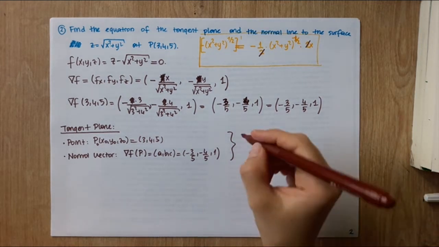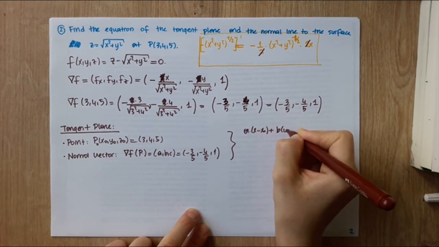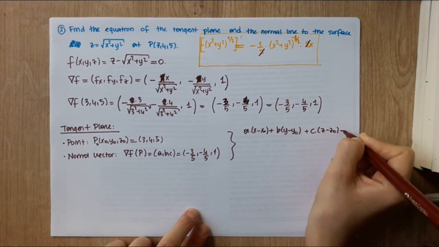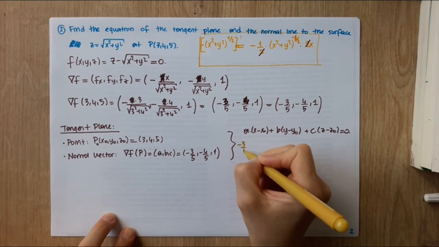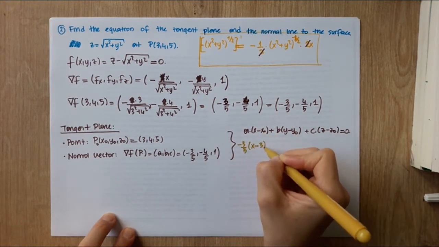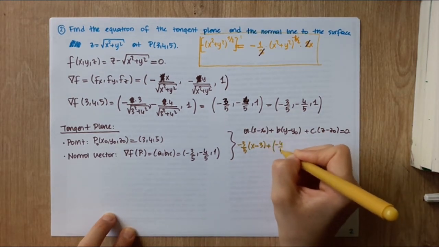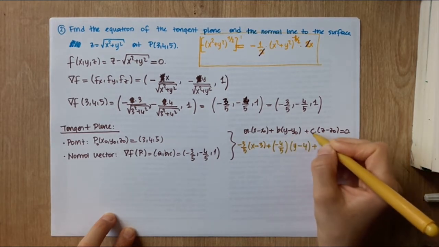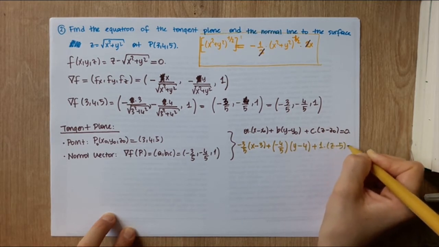We know that the formula is a times x minus x0 plus b times y minus y0 plus c times z minus z0 equals 0. So I know what a is. A is minus 3 over 5 times x minus 3, plus minus 4 over 5, which is b, times y minus 4, plus c is 1 times z minus 5, equals 0.